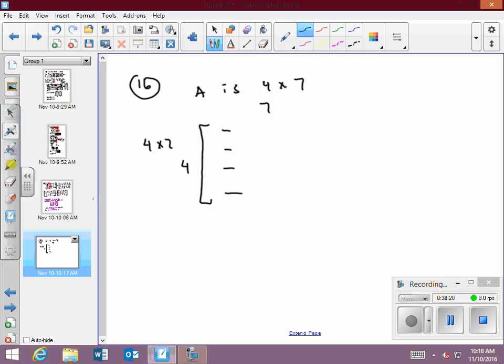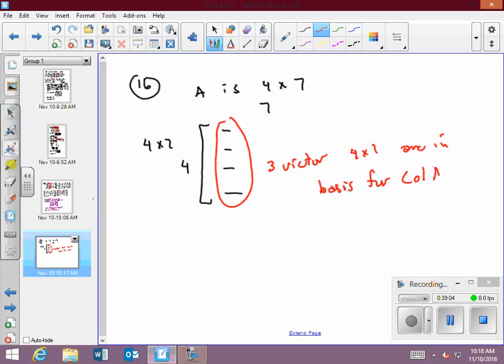Now, it has 3 pivots. So 3 of these vectors, which have 4 rows, that are 4 by 1, are in the basis for the column space of A. That means they are in R4.